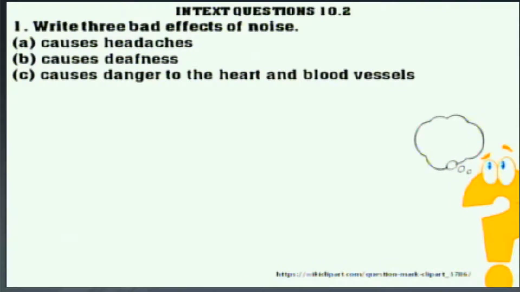It causes danger to the heart and blood vessels. We have read that it makes the cells expand. It also damages the cells of the body. So there are many bad effects of noise. Out of these, the 3 are: it causes headaches, it causes deafness, it causes danger to the heart and blood vessels.